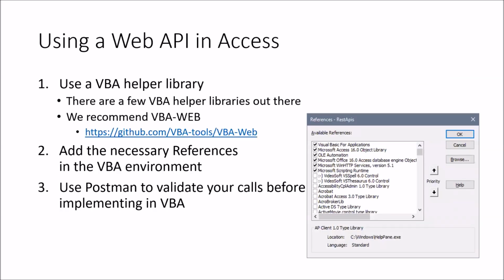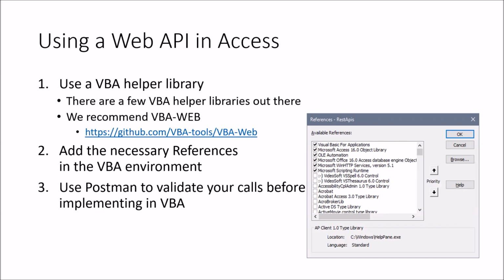Okay. So now we get down to where the rubber meets the road. How do we do this in Access? So the first thing we need to do is to use a VBA helper library. There are a few out there. We recommend using VBA Web. There's a presentation that was done by Juan Jose Luna, where he went over a few different types of libraries.